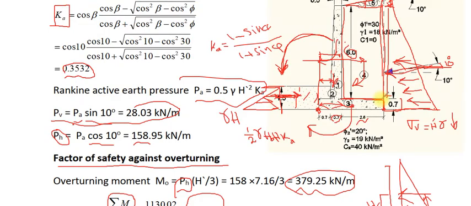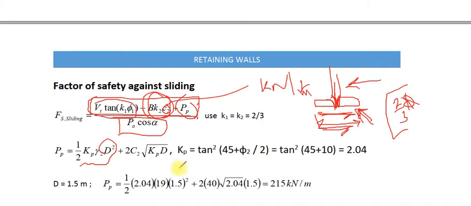If there's a cohesion here, cohesion will be included in computing P passive, and Kp equals tan square 45 plus phi over 2, or 1 plus sine phi over 1 minus sine phi. D equals 1.5 meter.